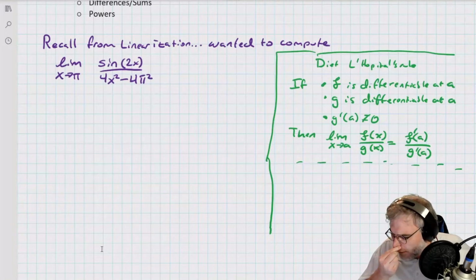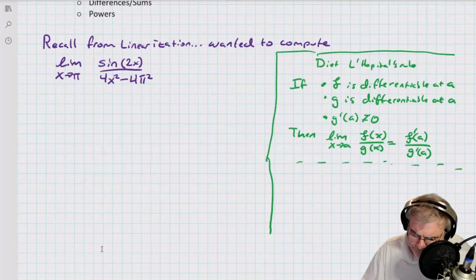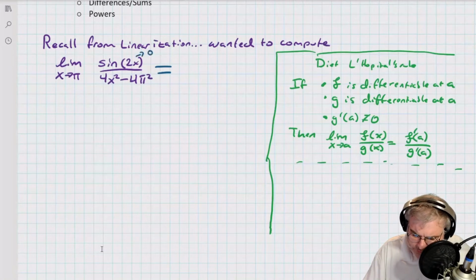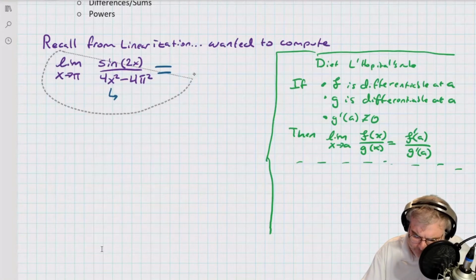Okay, and there was a proof for this. I'll do it in just a moment. I did it in the notes. I'm not sure if I did it in class or not. Probably not. So what I do, right, I know that this goes to 0. And when I sub in pi, let me just pull this down so you can see it here.